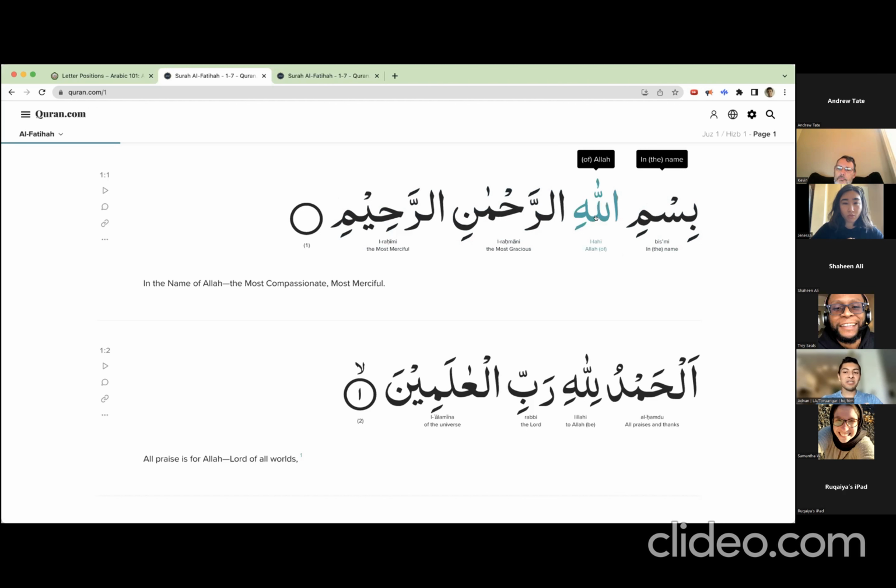But not when it's preceded by an E. So you still say Bismillahi. That's a little bit of an advanced tajweed issue. Right here, we still say Bismillahi. Whenever something is too complex, we'll come back and see it again and point it out. So don't be scared. It'll be okay. We'll see it again.